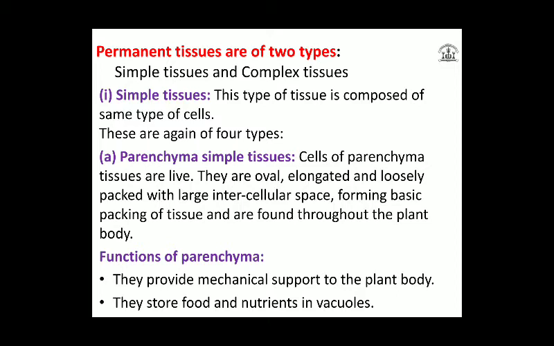Usually parenchyma cells have a nucleus as well as large vacuoles. The structure has 2 kinds of wall: a thick wall, that is the secondary wall, and a thin wall, that is the primary wall. These tissues are found throughout the plants.